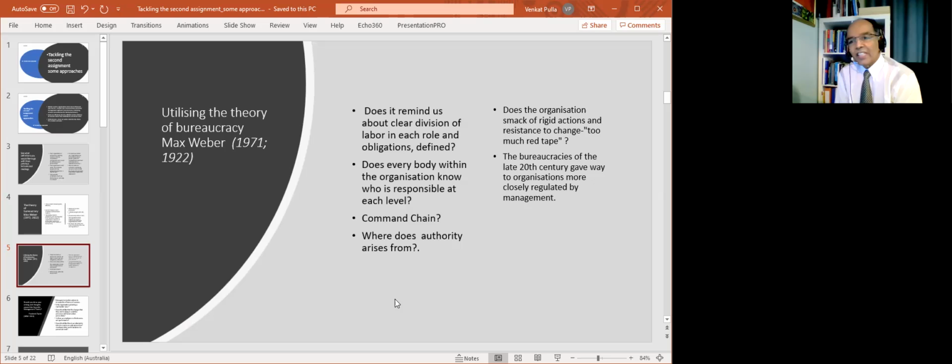Does the organization smack of rigid actions and resistance to change? Some of you who have done the entire book reading, or possibly the entire Avalon Care case study, which keeps repeating, would probably know that. Is there too much red tape? Is there too much resistance to change? The bureaucracies of the late 20th century gave way to organizations more closely regulated by management. So let's see how that will fare for us.